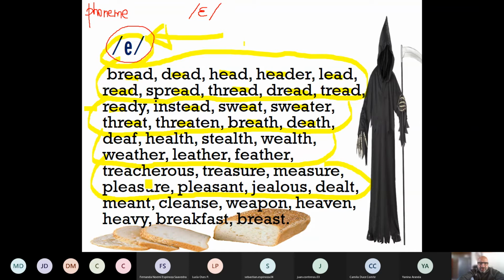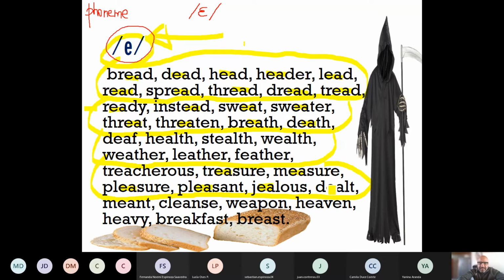So, treacherous, treasure. Measure. Pleasure. Pleasant.